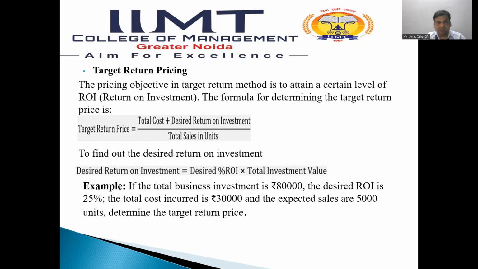The question is given here. If the total business investment is rupees 80,000, the desired ROI is 25%, the total cost incurred is rupees 30,000 and the expected sales are 5,000 units, determine the target return price.